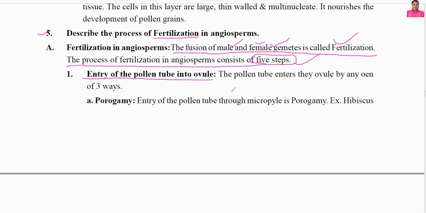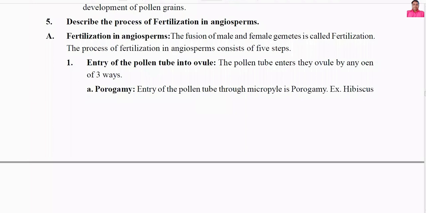The pollen tube enters the ovule in three ways: porogamy, chalazogamy, and mesogamy. Porogamy: entry of the pollen tube through the micropyle is called porogamy.